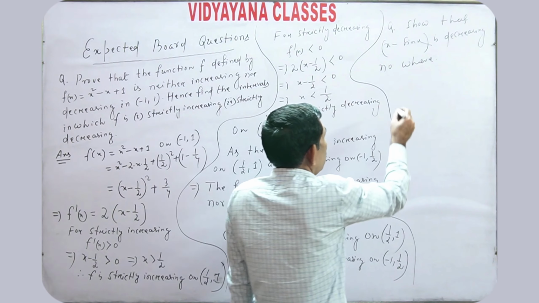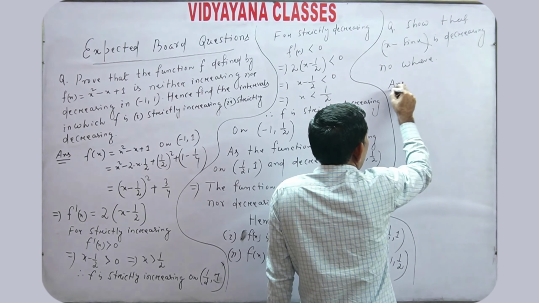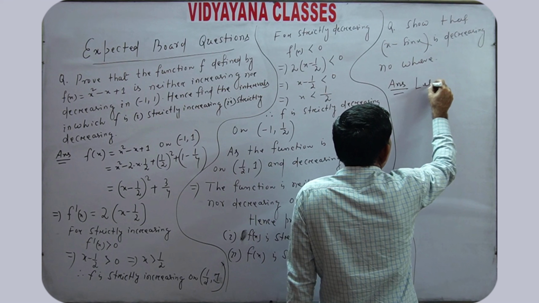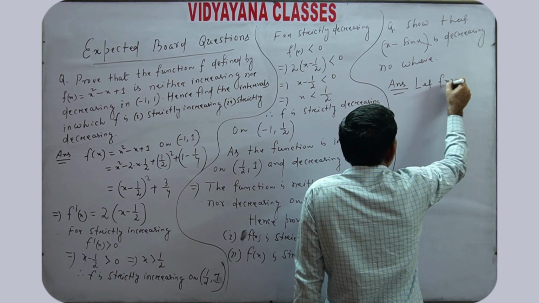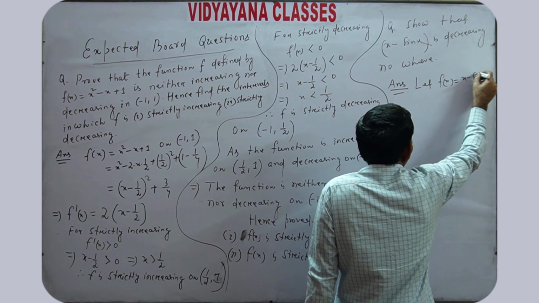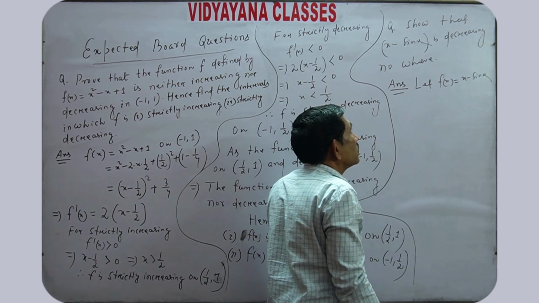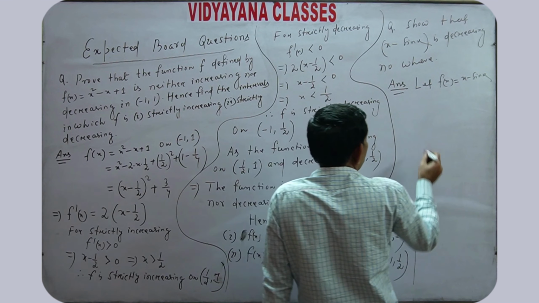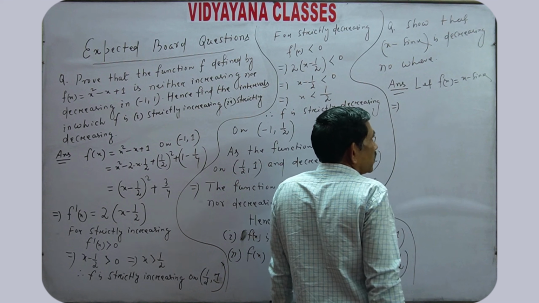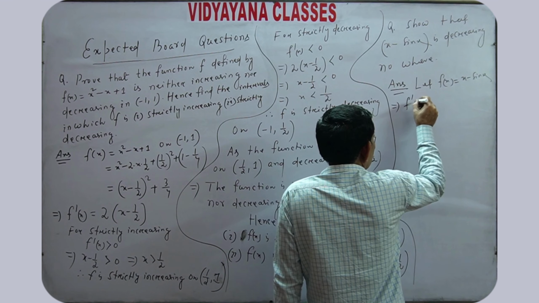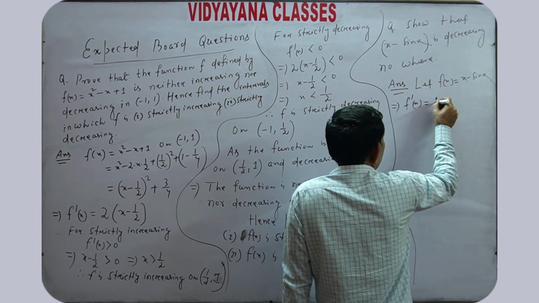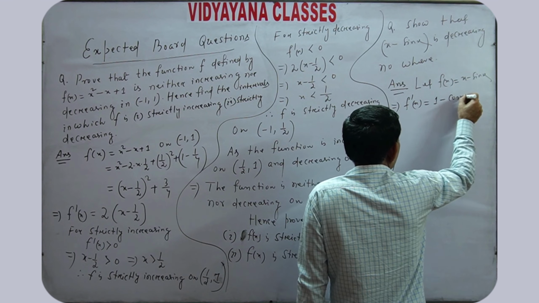Answer, let f(x) = x − sin x. Differentiating both sides with respect to x, f'(x) = 1 − cos x.